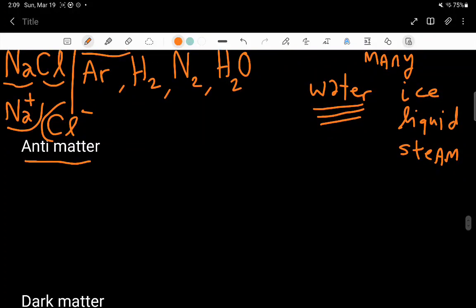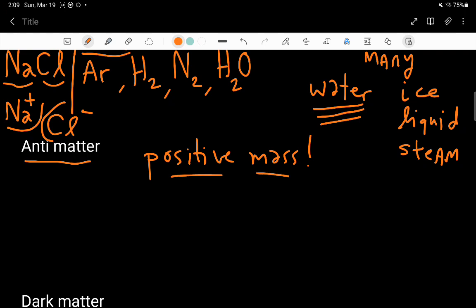There is a type of matter called antimatter. It absolutely, positively has positive mass. There's no such thing as negative mass, right? So gravity is only ever attractive, and you only ever have positive masses. So even antimatter versions of materials have positive mass and are attracted to other mass.